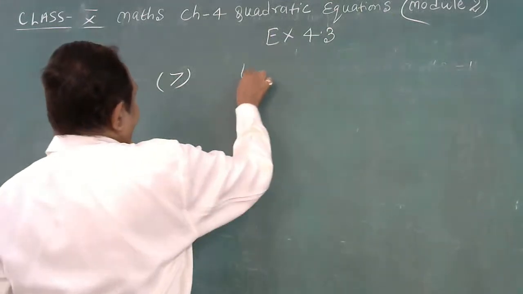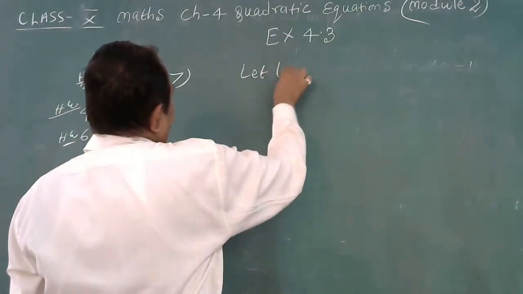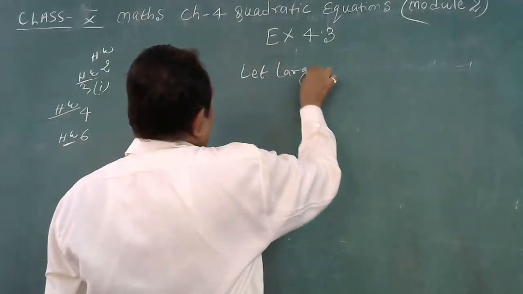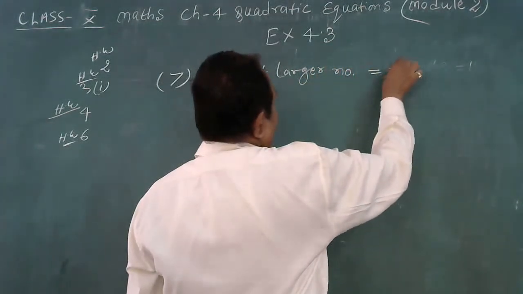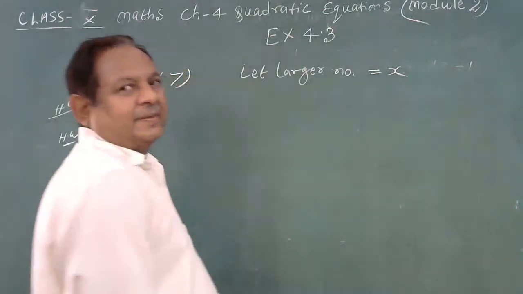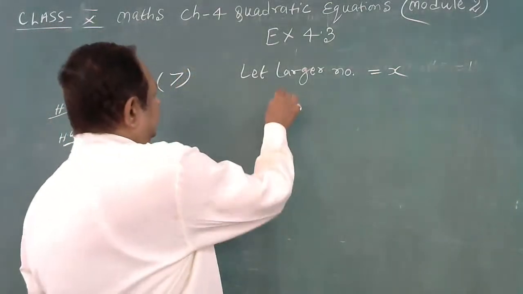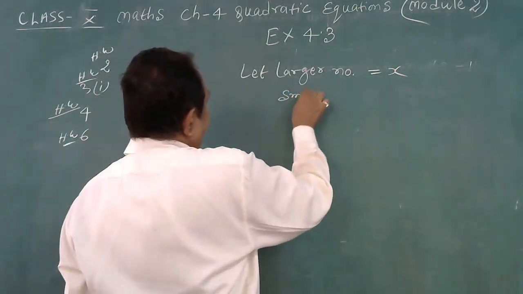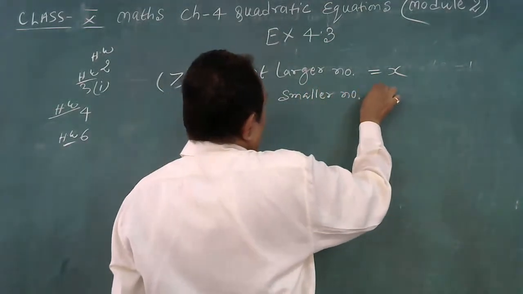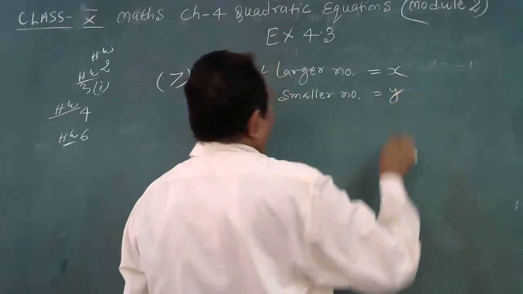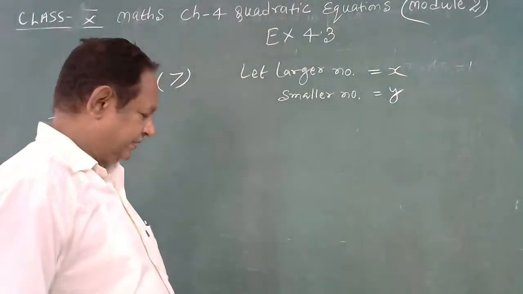So let the larger number be x and the smaller number be y.